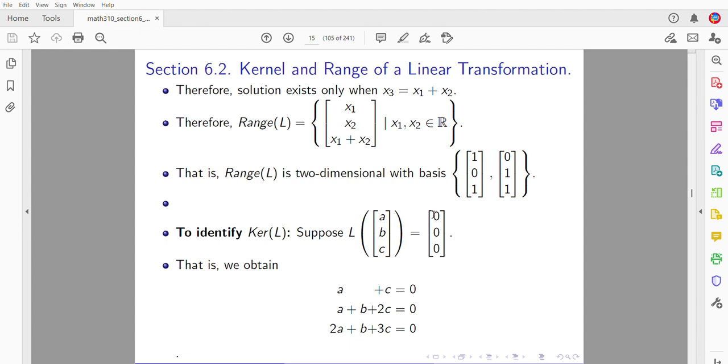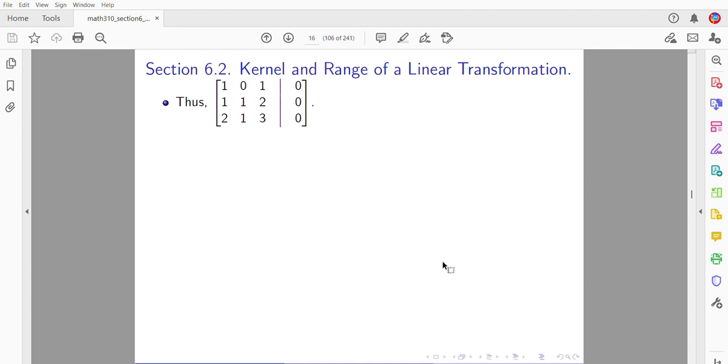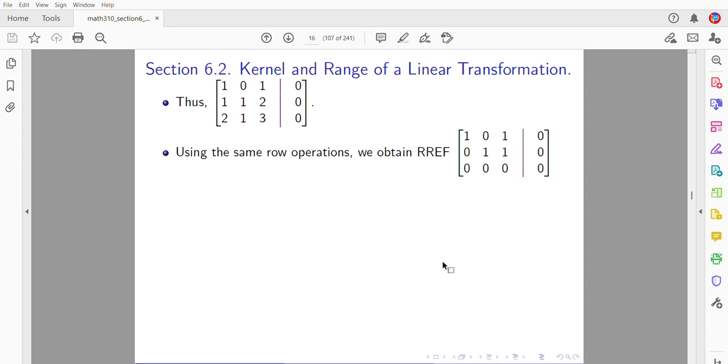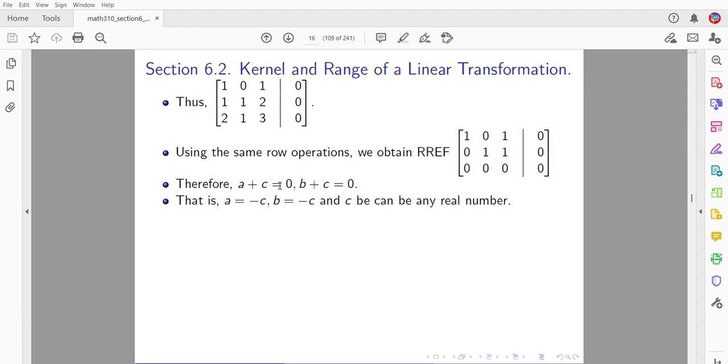Well, look for its augmented matrix. Use row operations, the same row operations we just saw. Reduced row echelon form looks like this, 0, 0, 0 here and the right hand side are all zeros. What does this tell us? A plus C has to be 0, B plus C has to be 0, which means A has to be negative C, B also has to be negative C, whereas C can be any real number.